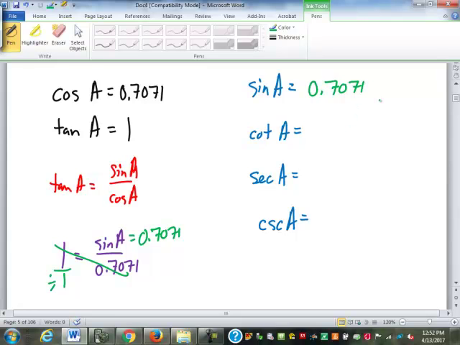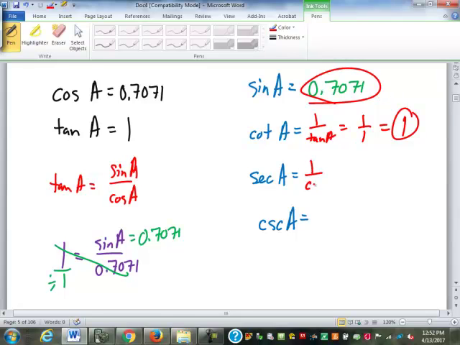Can anybody guess what angle we're dealing with here? If the sine and the cosine are equal, must be a 45-degree angle. Cotangent is 1 over the tangent. So it's 1 over 1, which is 1. Secant is 1 over the cosine, which is 1 over 0.7071, which is 1.414.